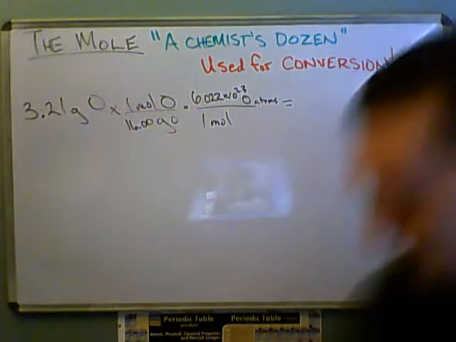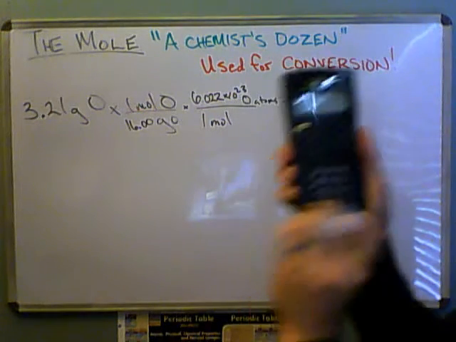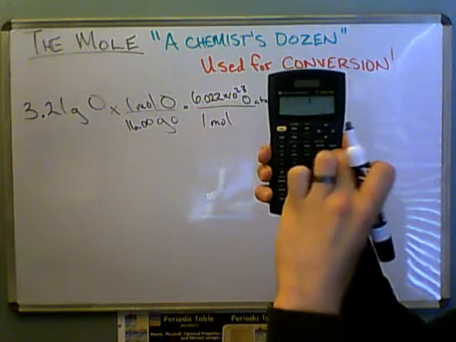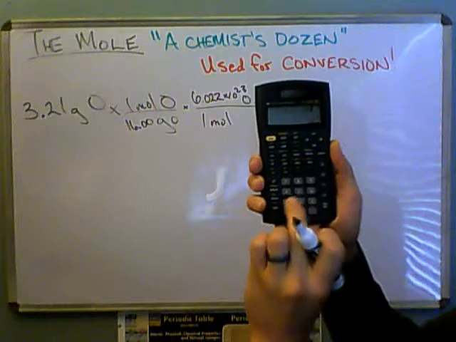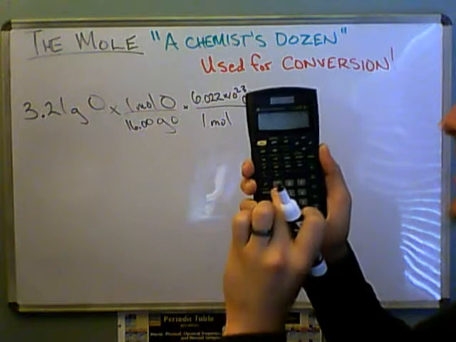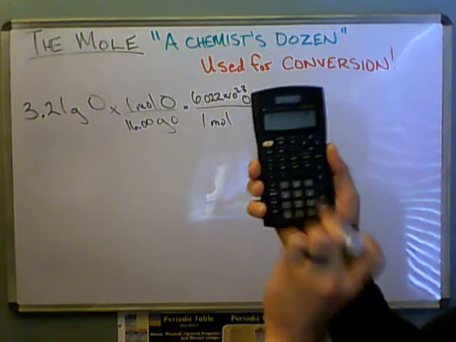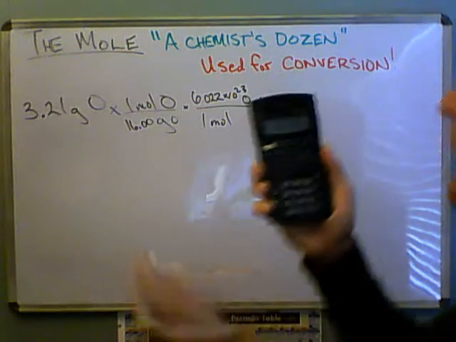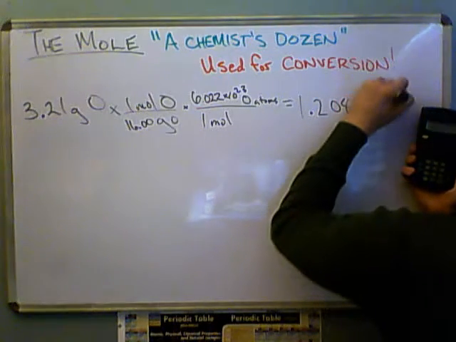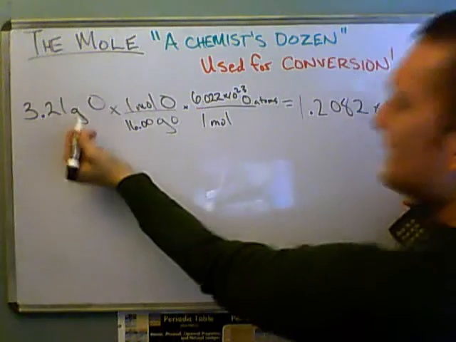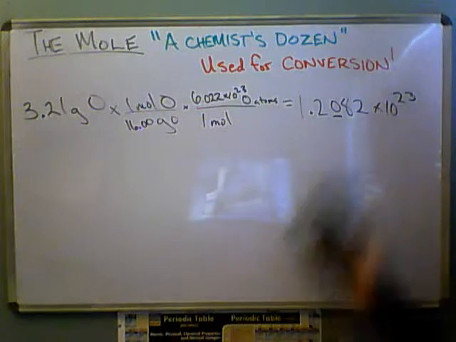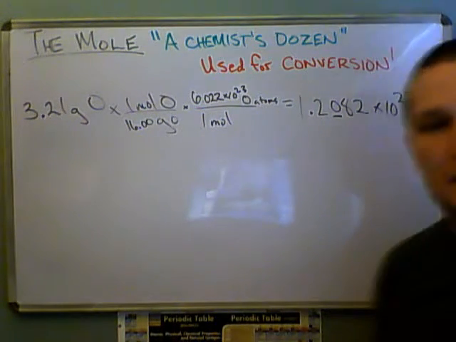So I'm going to plug that into my calculator here and see what I get. 3.21 times 1 divided by 16.00 times 6.022, I'm going to hit the E key, which is 10 to the 23rd. I hit enter, and I get 1.2082 times 10 to the 23rd. And that is significant to 3 digits, so it's only significant to there. Okay, so we have that many atoms of oxygen.